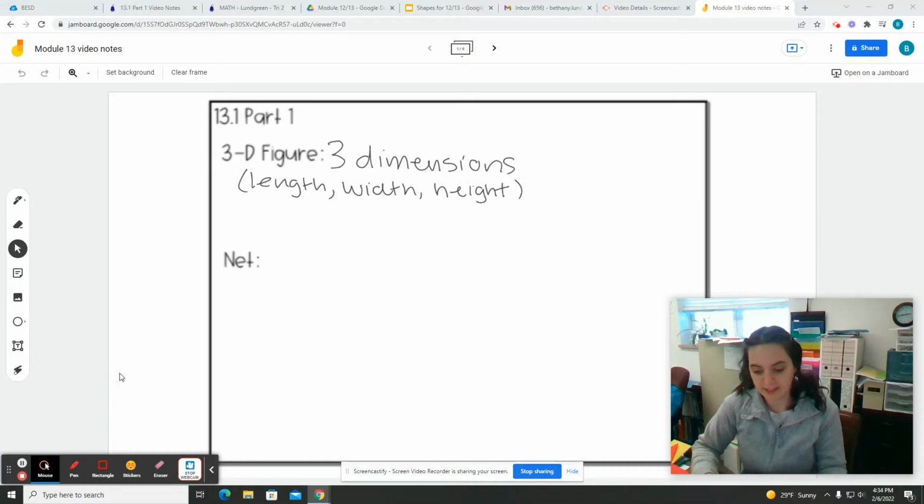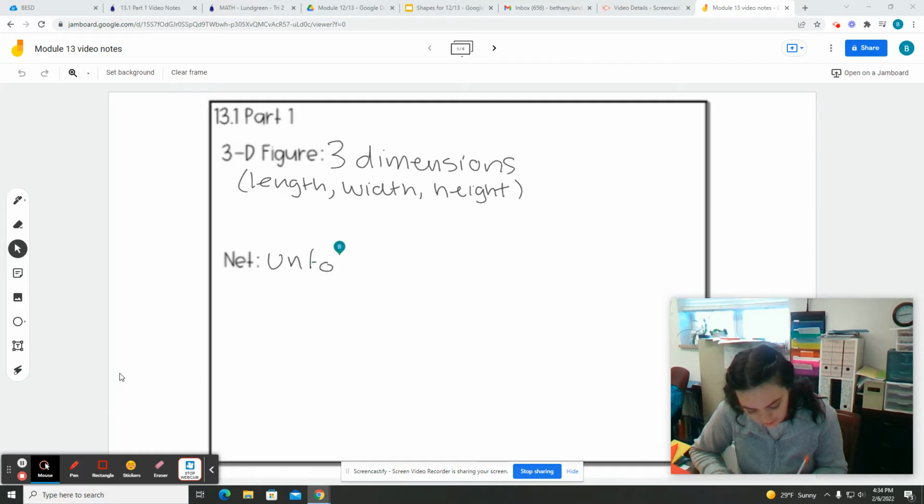Now, a net is very related to a 3-dimensional figure, but instead it is an unfolded 3D shape.